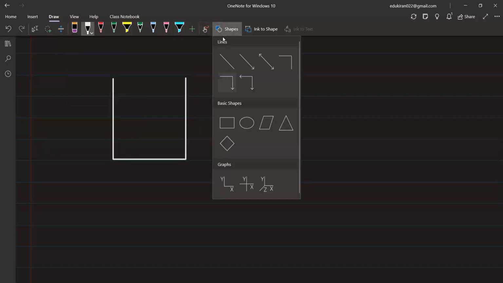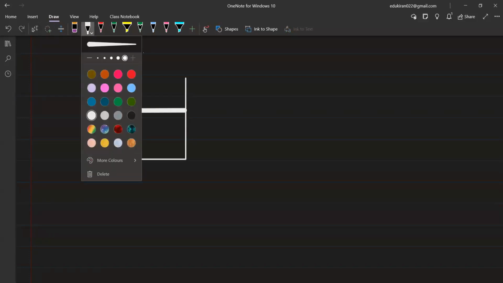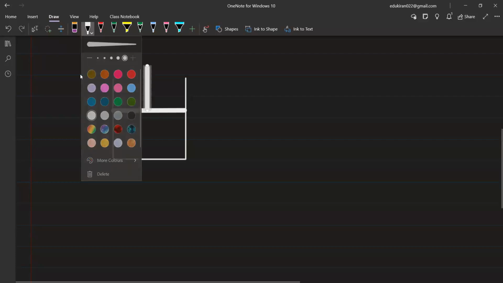In this we have a piston. Let us make the piston a little bold. Right, this is the piston. And then we will have a piston holder. Let us make the piston holder thick. Right, right.